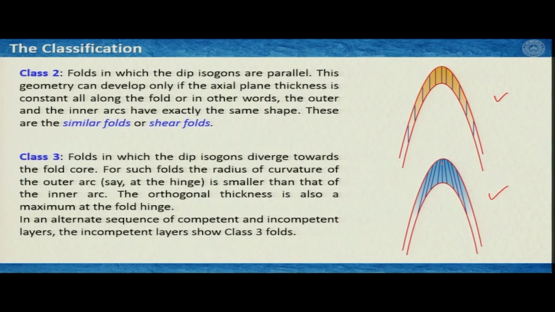What we see here is that the orthogonal thickness is maximum and then slowly reduces. Now, you may confuse class 3 folds with class 1C, because there also the hinge thickness was higher. But in this case the dip isogons are diverging away from the fold core, whereas in class 1C the dip isogons converge towards the fold core, and we will see their implications.